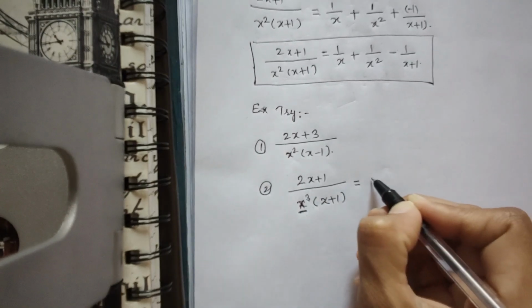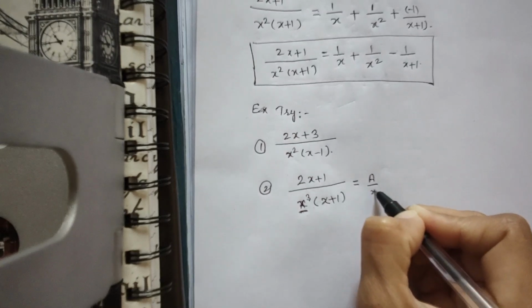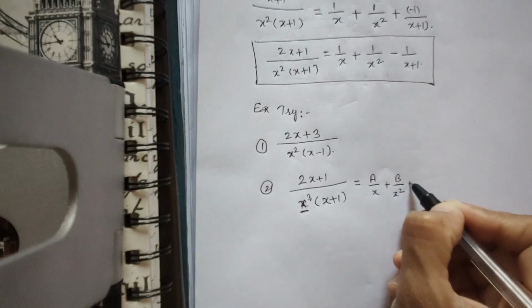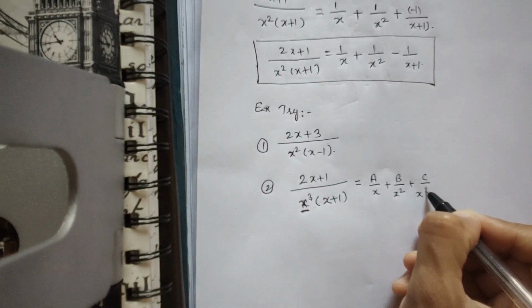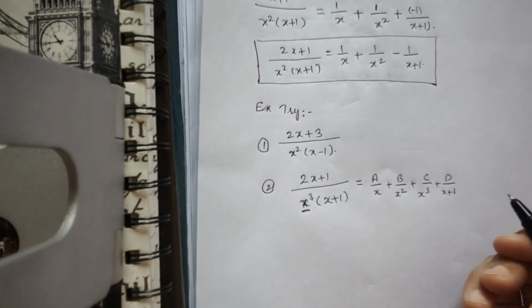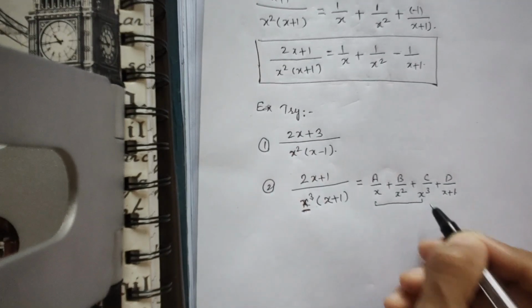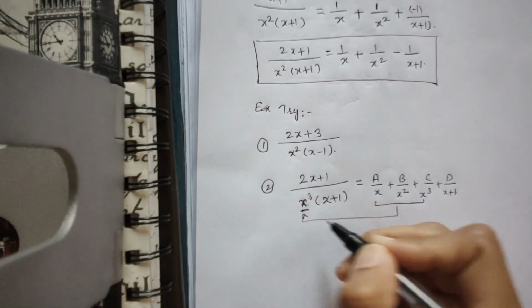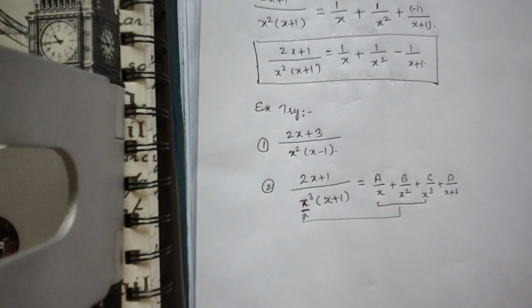Simply, its partial fraction will be a upon x plus b upon x square plus c upon x cube plus d upon x plus 1. So this is the partial fraction of this one. Just try to solve this.